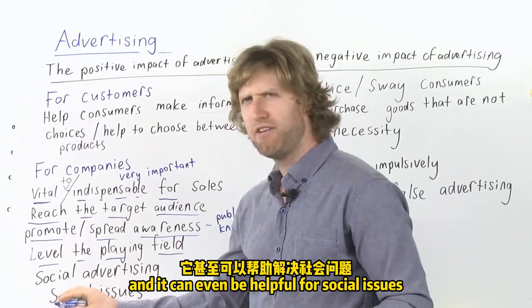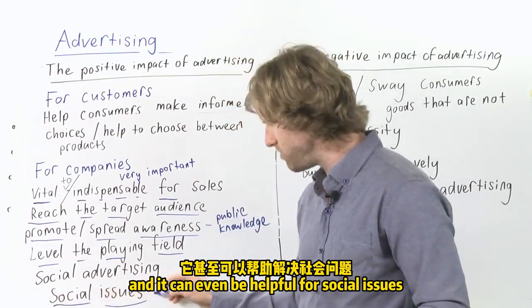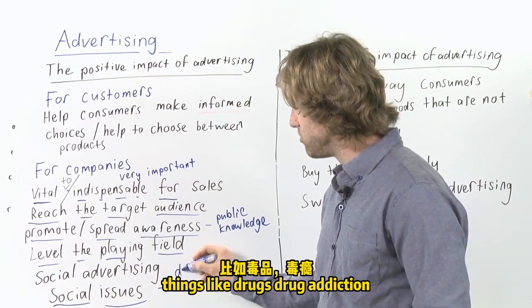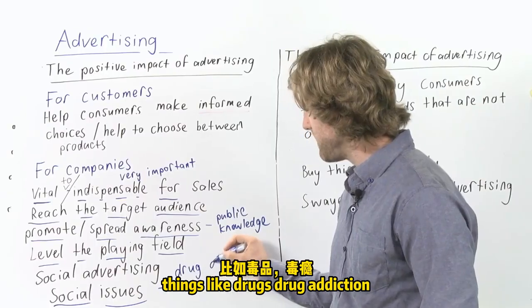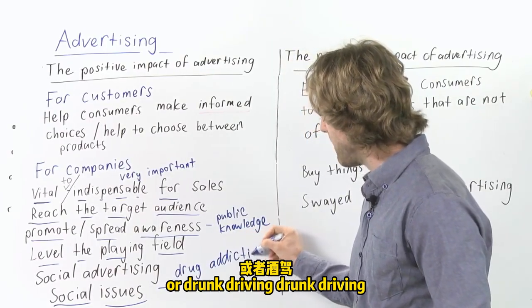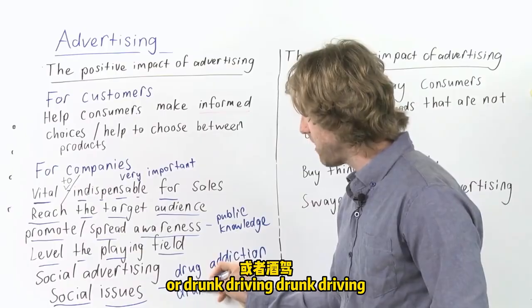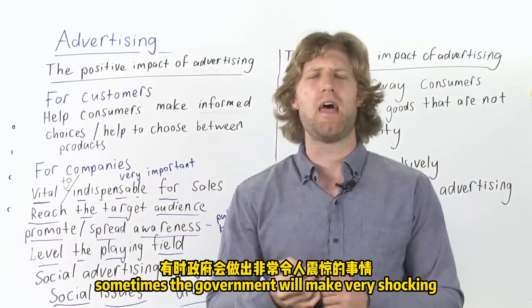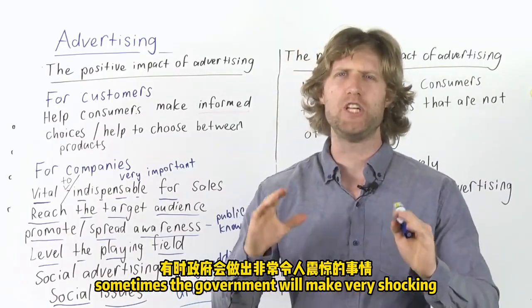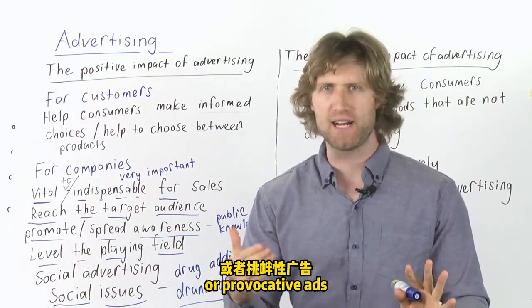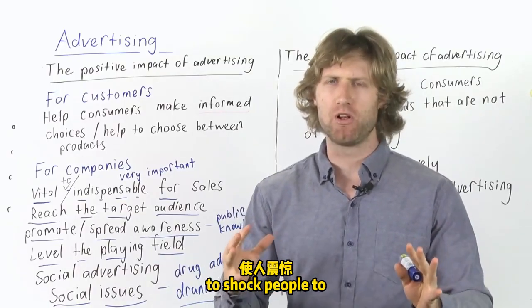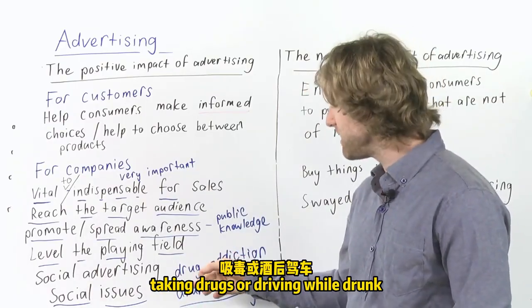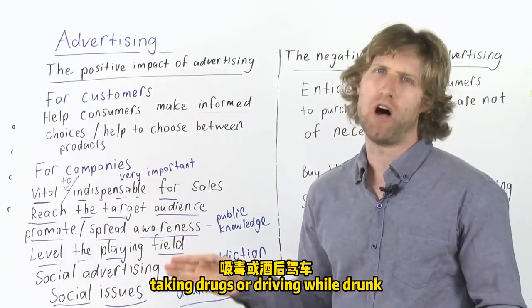And it can even be helpful for social issues. For example, if there are things like drugs, drug addiction, or drunk driving. Sometimes the government will make very shocking or provocative ads to shock people to not want to do bad things like taking drugs or driving while drunk.